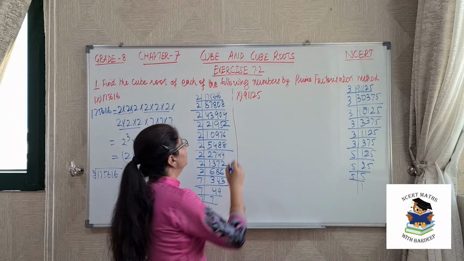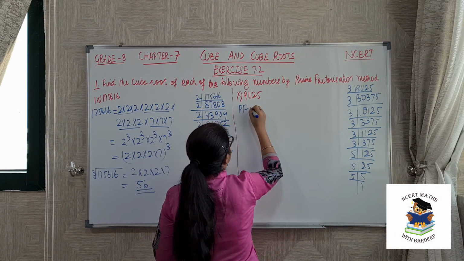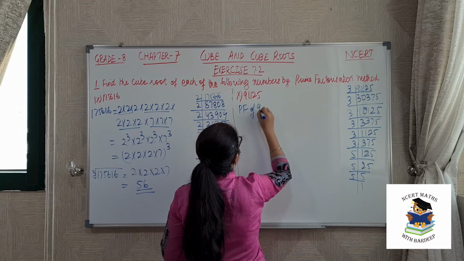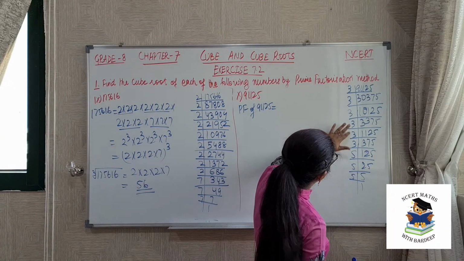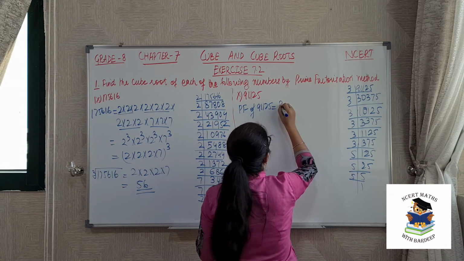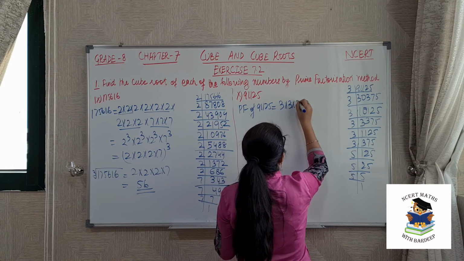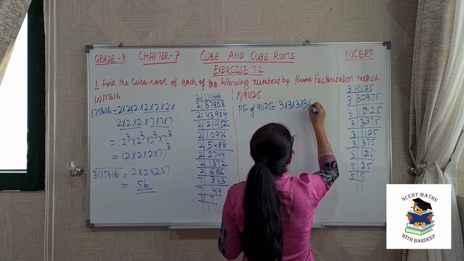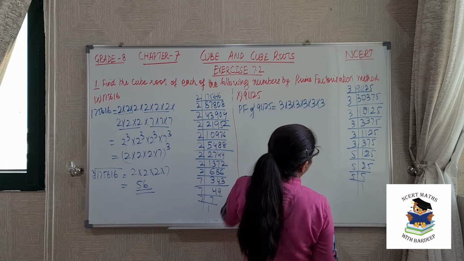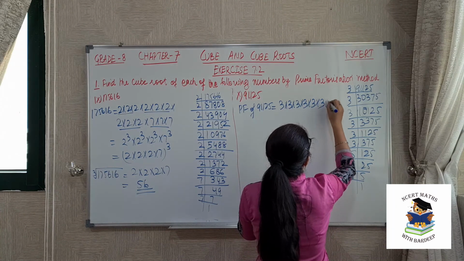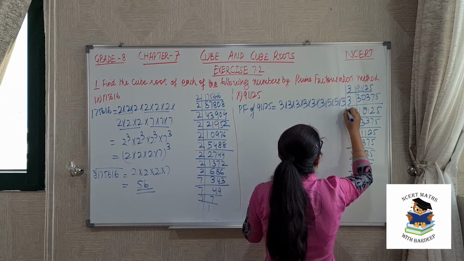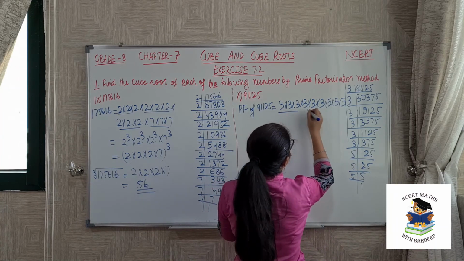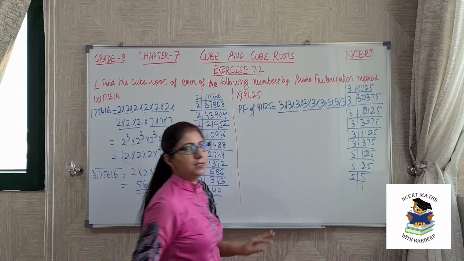Okay, so the prime factors of 91125 are 1, 2, 3, 4, 5, 6. So 6 times 3, and 3 times 5. So 5 5 5. Okay, so this is one group, this is second group, this is third group.